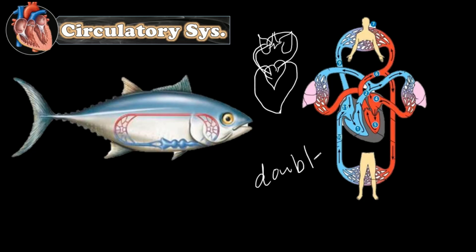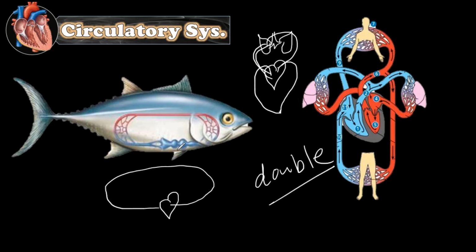So the double circulatory system, because it goes to the lungs, then back to the heart, then the heart pumps it to all parts of the body. Unlike fish, where this is the heart and it goes around the body in one circle and gets back to the heart. So this is single, like in fish, and double, like in humans.